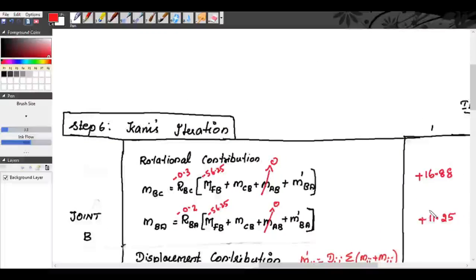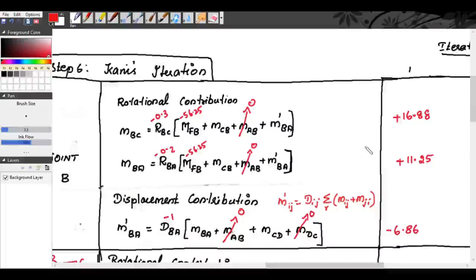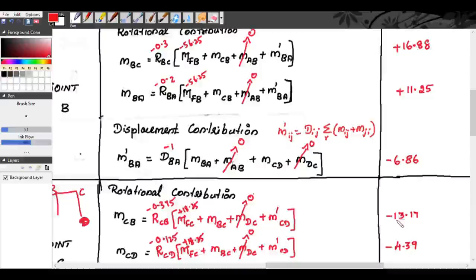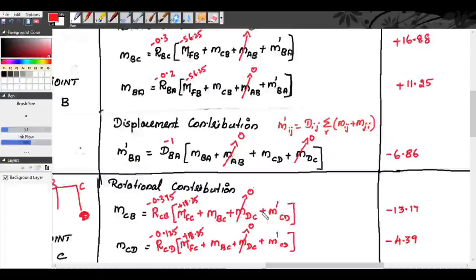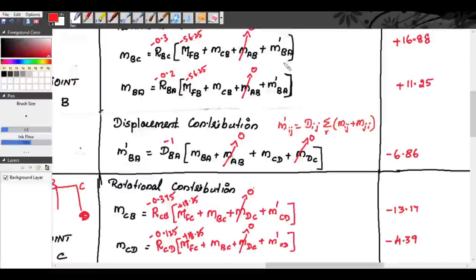Similarly, you can move on to the second iterations. You can solve it. For the second iteration, for MCB you have to use the value minus 13.17. M dash of BA, you will be using the value minus 6.86. That is, you have to use the values what you have obtained at the last iteration.